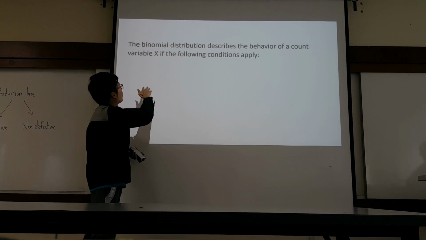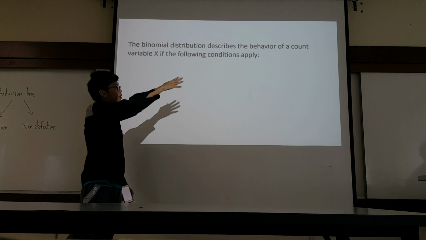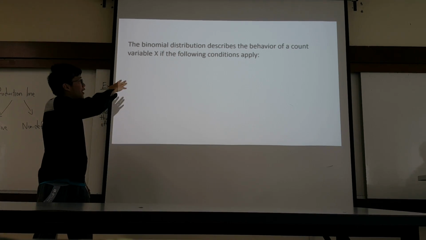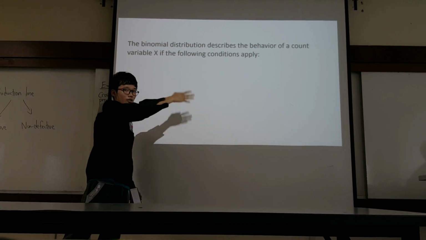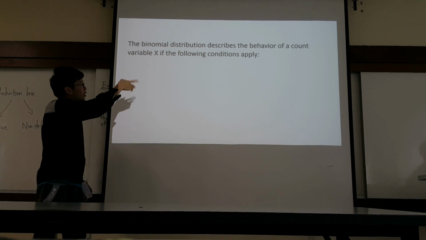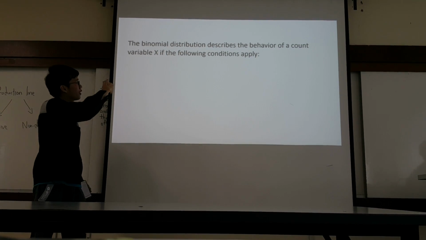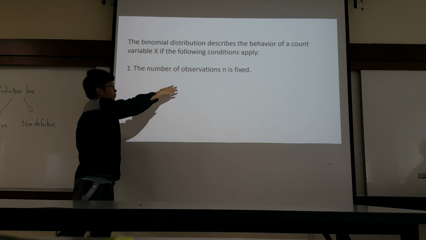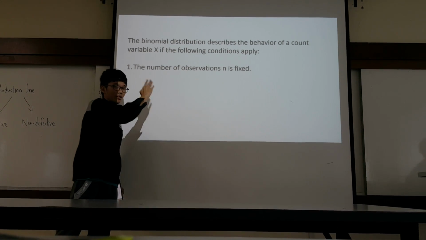Now the binomial distribution describes the behavior of a count variable x if the following conditions apply. The first condition is that the number of observations n is fixed.